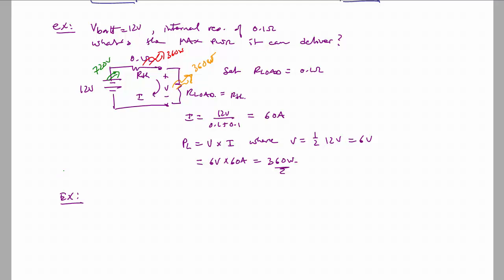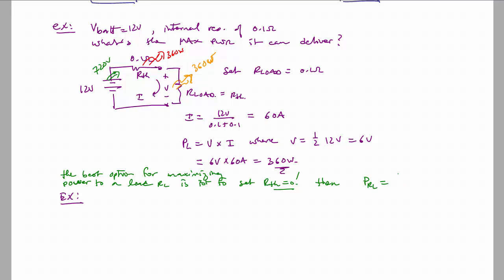So the best option for maximizing power to a load, RL, is first to set our R Thevenin to 0, right? Because then P to RL is going to be simply V Thevenin squared over RL.